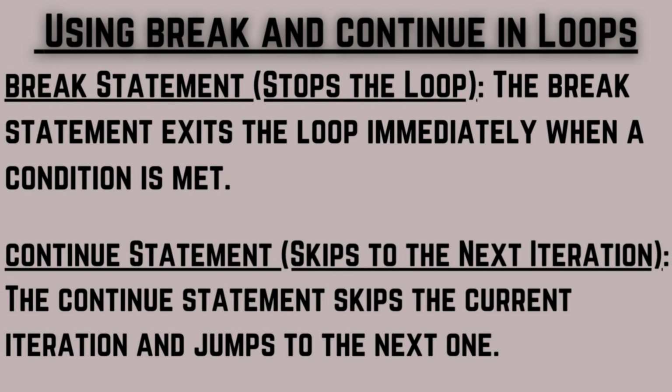Let's explore the break and continue statements in loops. The break statement is used to stop the execution of a loop immediately, bringing the control out of the loop. On the other hand, the continue statement is used to skip the current iteration and move to the next one without terminating the loop.